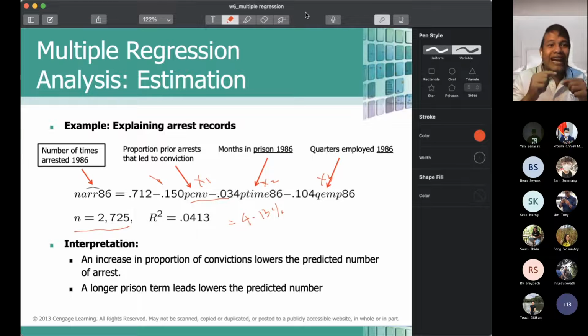There is a little change because in simple linear regression we only have X, but now the assumptions are slightly changed. We will discuss that later, David. Got it?